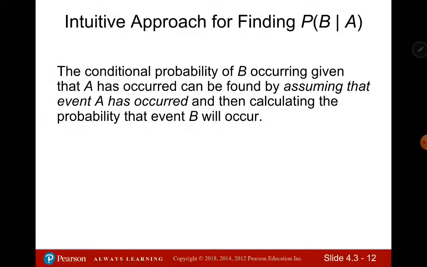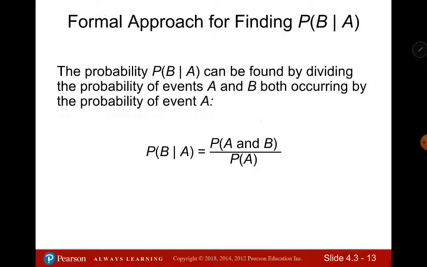So let's check the intuitive rule to get the conditional probability. Event A has happened. Then we calculate the probability that event B will happen.